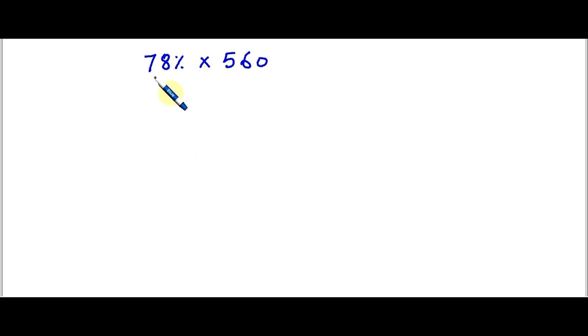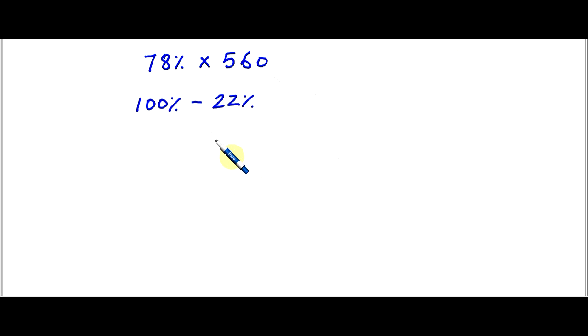That is one way. There's another way, which you can do like this. If I take away 22% from 100%, I'll get 78%. So now my job is to calculate 22% of 560 and subtract it from 100%, that is 560.